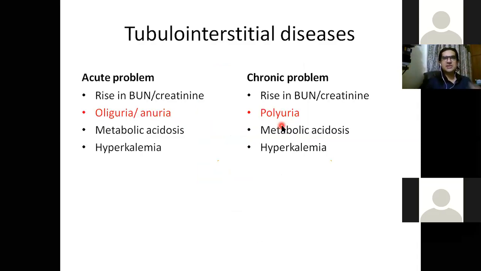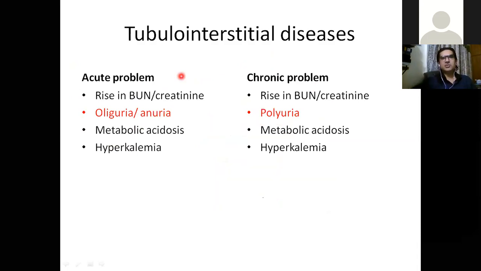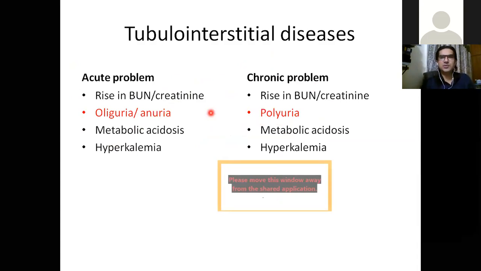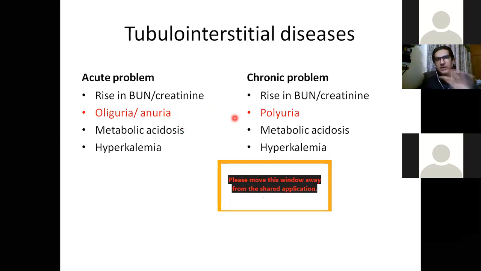So if you see the tubulointerstitial diseases, there can be two types of problems, right? One is the acute problem, and the second one is the chronic problem, right? And because there is a problem in the kidney, obviously the BUN and creatinine will rise, right? As you know, the first test you do whenever you are suspecting renal disease is serum BUN and creatinine. And as I told you, there would be some problem in water balance, right?